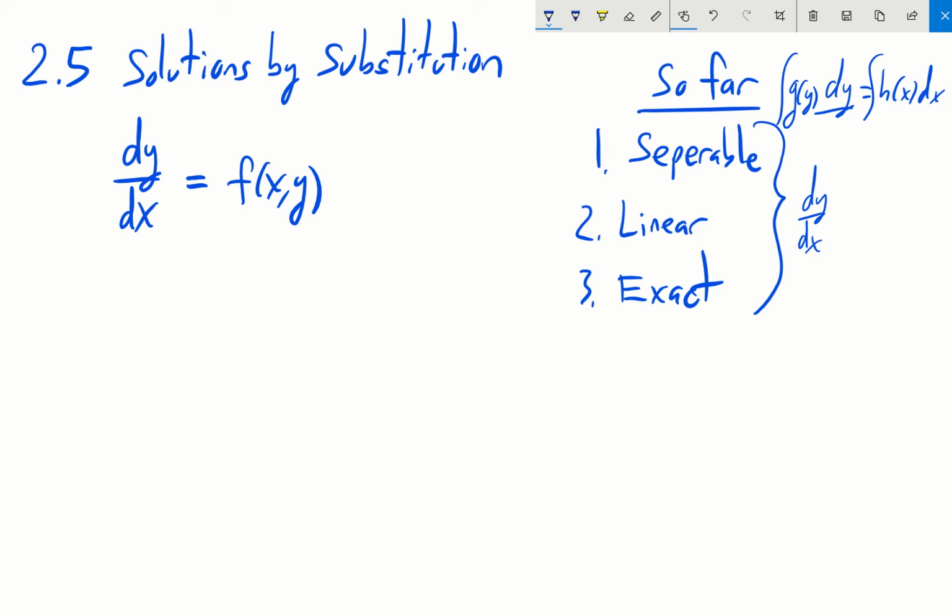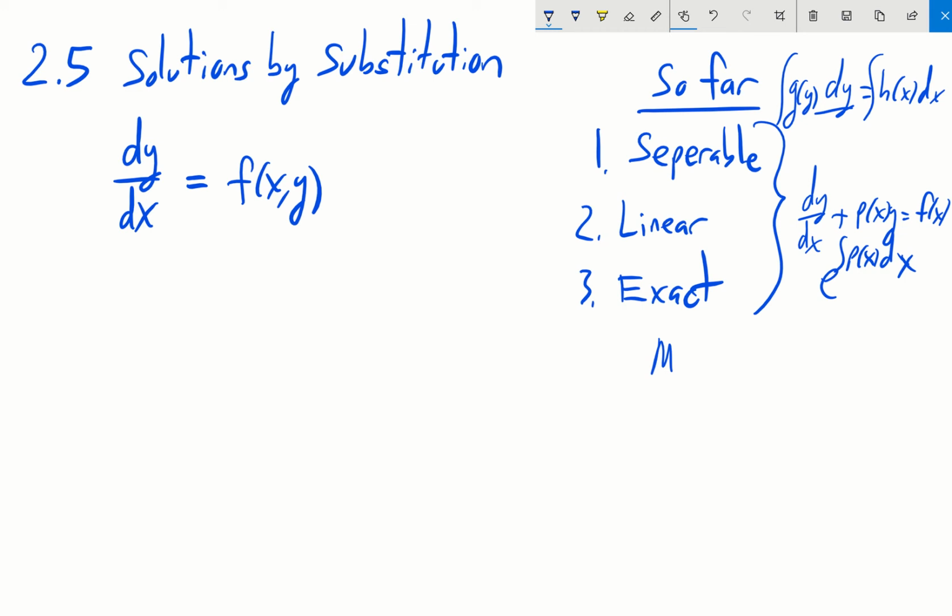We have dy dx plus p of x y equals f of x. We know that for these we can use an integrating factor that is e to the integral of p of x dx to turn it into an exact differential and then integrate to solve. And then in the last section we looked at exact differential equations.